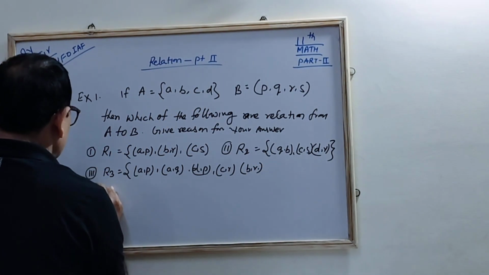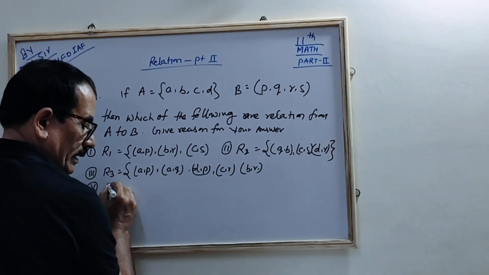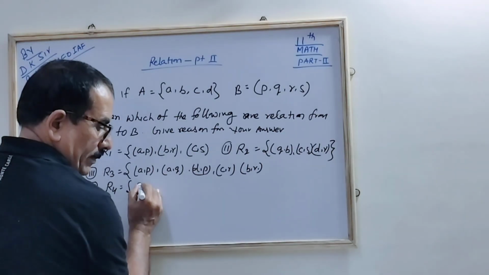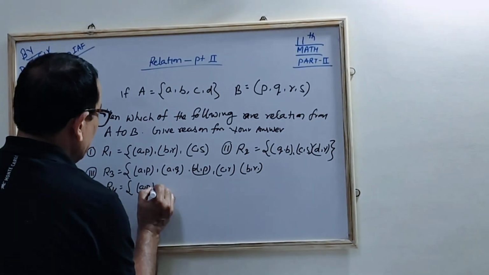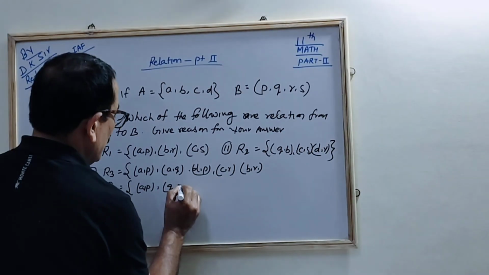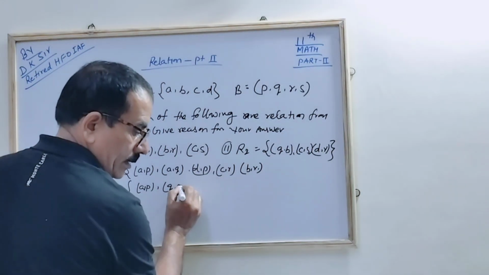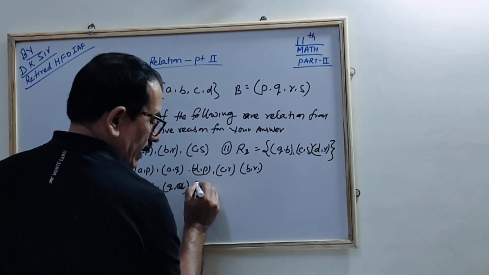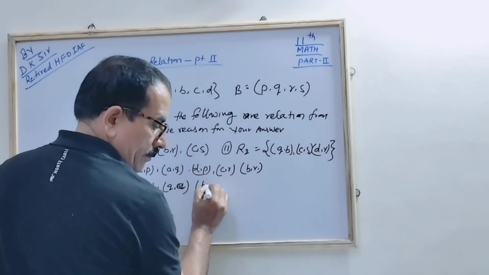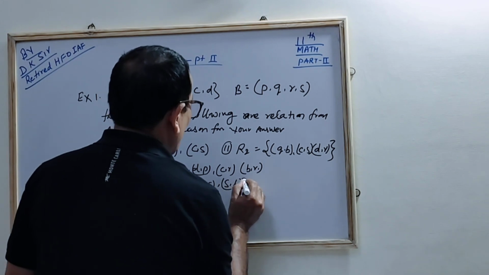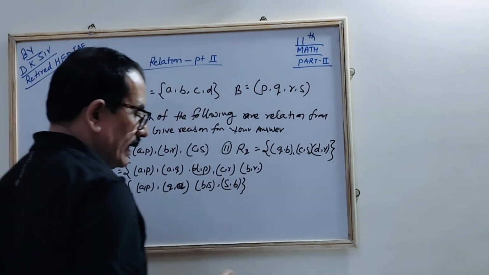The fourth is the relation R4, with elements (a, p), (q, a), (b, s), and (s, b). These are four different types of relations.